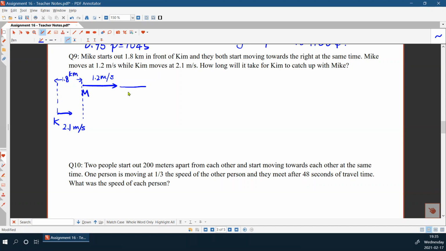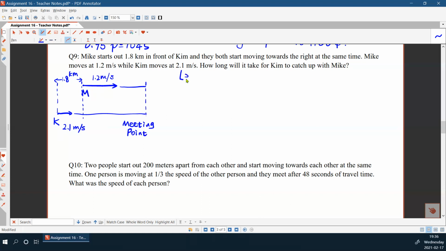Suppose this is a meeting point. Because Kim travels faster than Mike, eventually Kim will catch up with Mike, right? By the time they meet here, the distance traveled by Kim is 1.8 kilometers more than the distance that Mike travels, right?